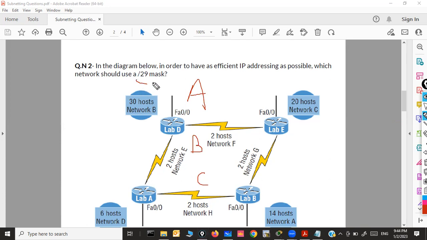After the computation, the subnet mask would be /29. So it's not asking about the complete computation, it's asking which class you would prefer to use for the subnetting.